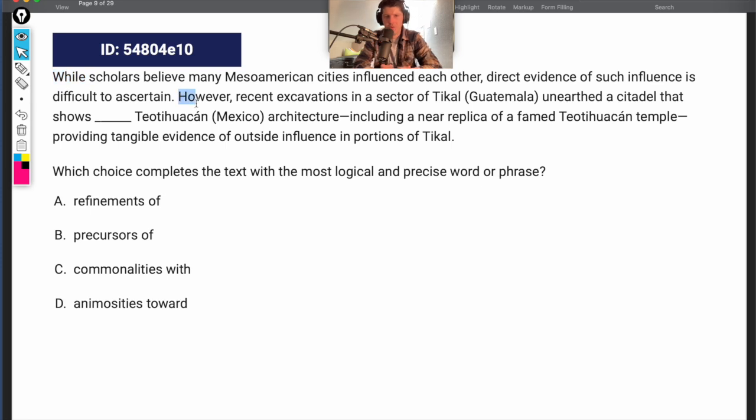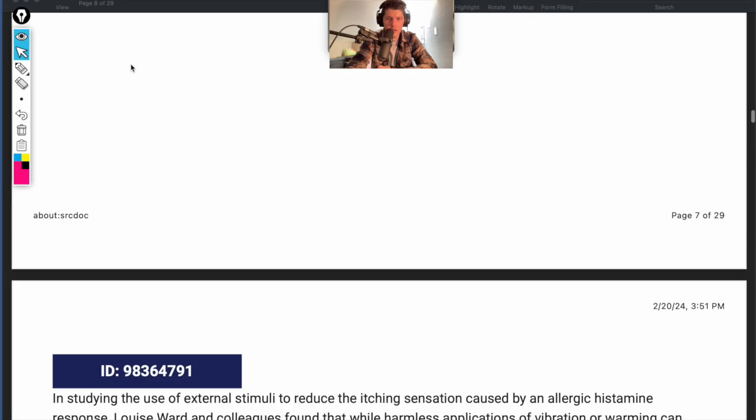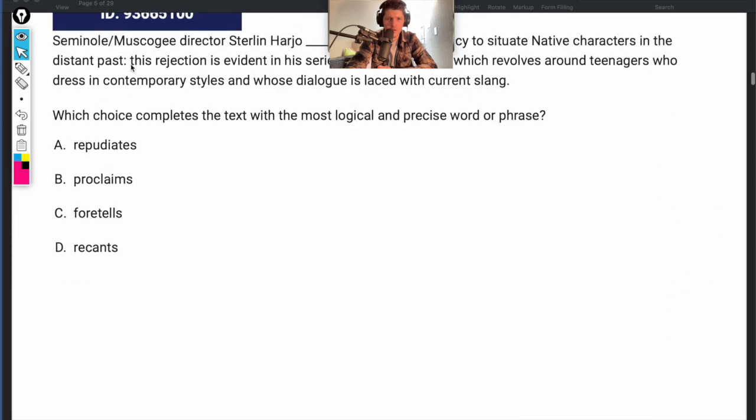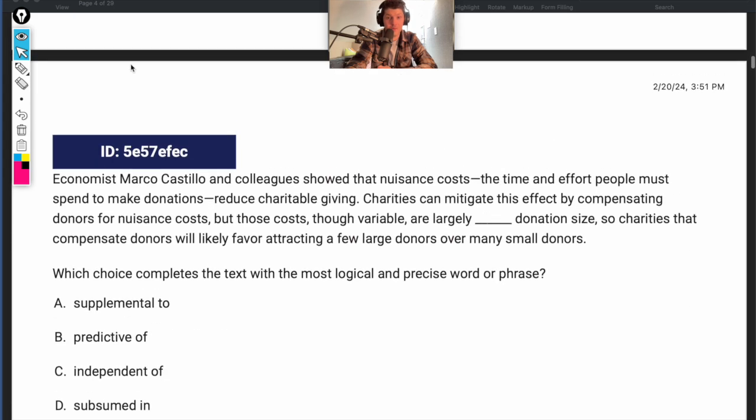So when there's multiple bits of structural language, we saw this a few questions ago, where we had the word though. I'll show you which one I'm talking about. It was this one.